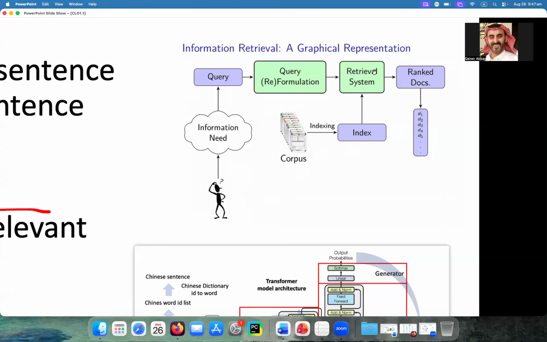And finally, this retrieval system is giving you the documents after ranking, high priority first, lower priority after. So it is giving you the ranked documents, and those documents would be D1, D2, D3, D4. This diagram is just giving you an example of how it will work.